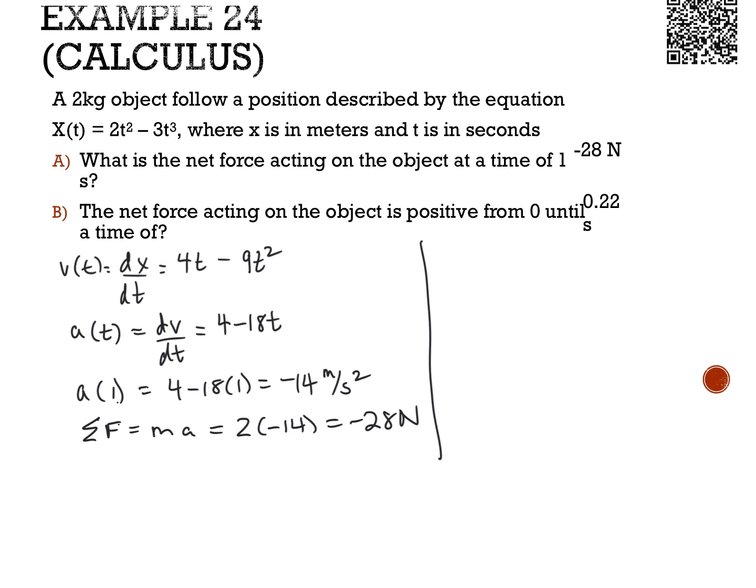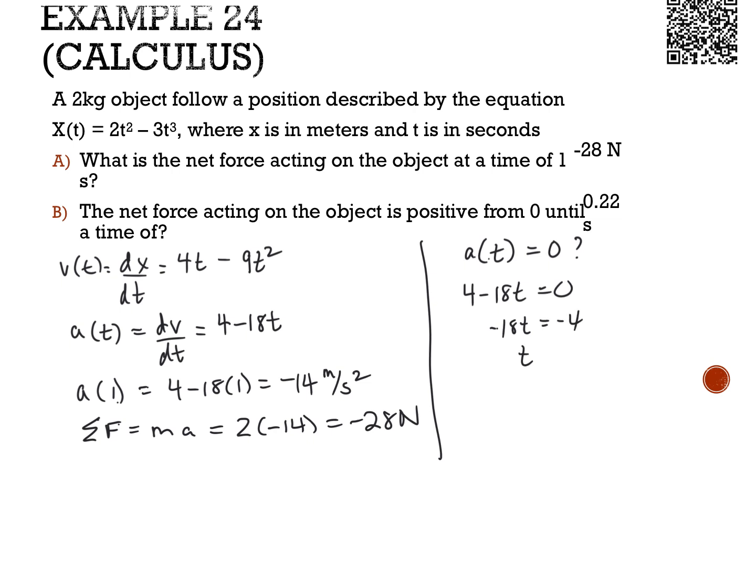Okay, well, positive until it gets to 0. So we need to know when is the acceleration equal to 0. So when is 4 minus 18t equal to 0? Which makes negative 18t equals negative 4.